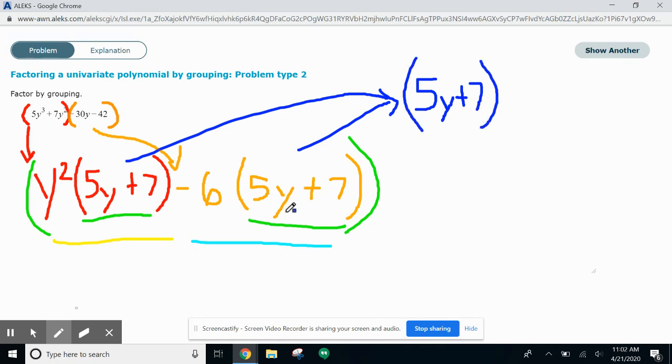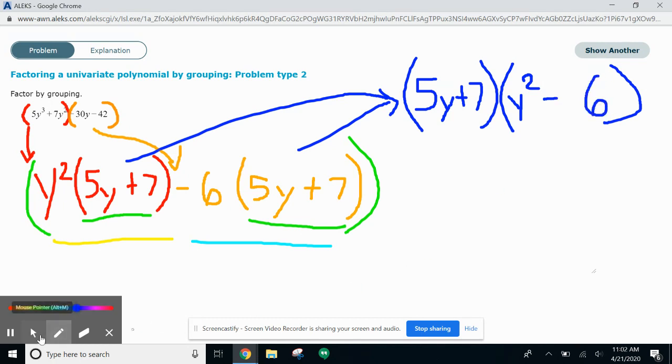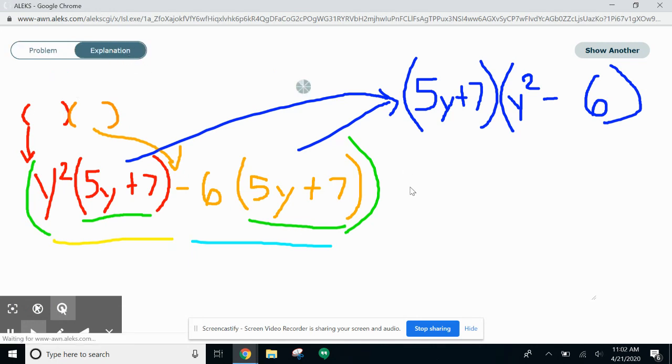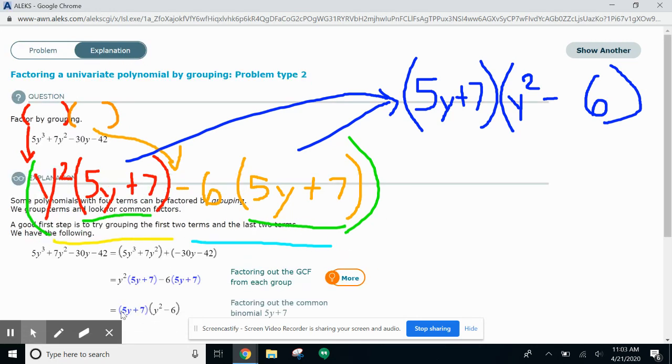That's the greatest common factor from this whole big parentheses. So 5y plus 7 came out, and what remains on the inside here will be y squared minus 6. And now going to the explanation, I have 5y plus 7, y squared minus 6.